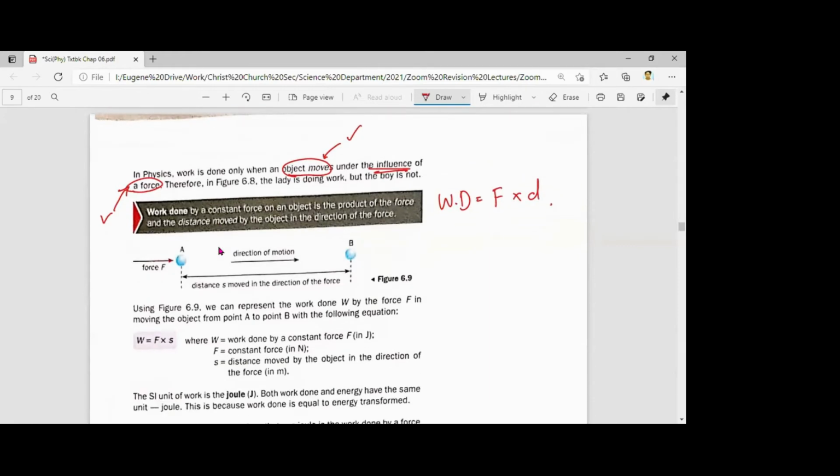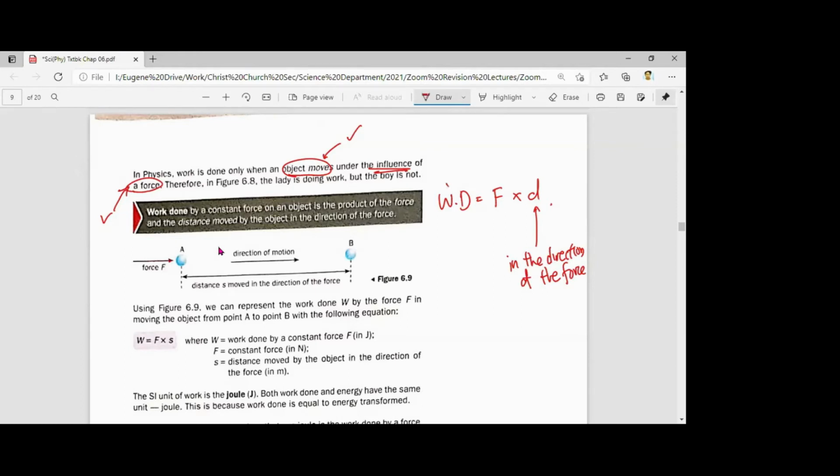Okay, now let's go into details. Work done by a constant force on an object is the product of the force and distance. Most of you are very familiar with work done equals force multiplied by distance. I just want to highlight one thing: the distance needs to be in the direction of the force. You must always remember that the distance moved must be in the direction of the force.